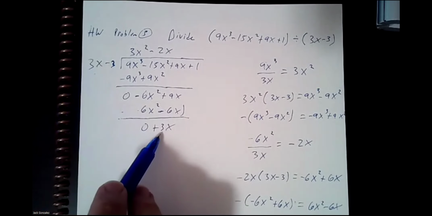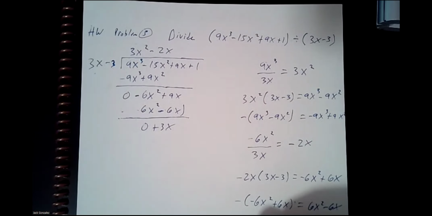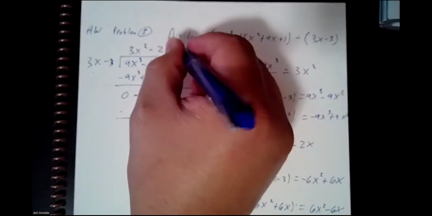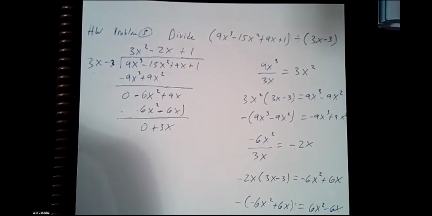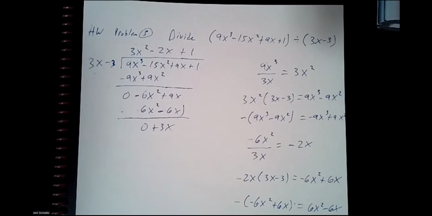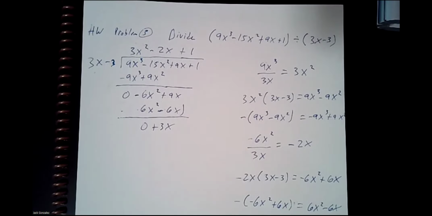3x goes directly into this one. So 3x divided into 3x is a 1. So cool. 1. 1 times all of this minus.